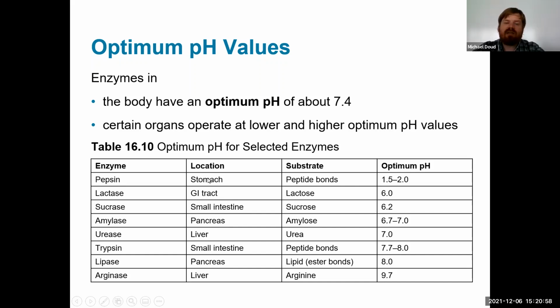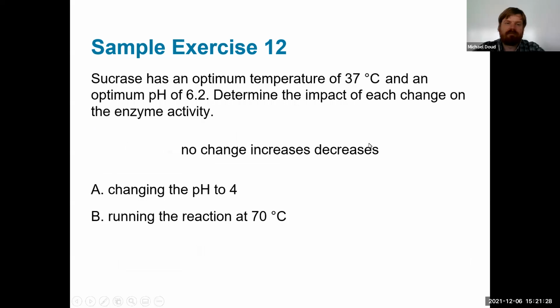Again, it fits with the location where it has evolved. You don't need to memorize these necessarily, but just know that there's a range. In the pancreas, where we tear apart lipids and the ester bonds in them, the optimum pH for lipase is 8.0. And finally, arginase, which breaks down arginine, has an optimum pH of around 9.7 in the liver.